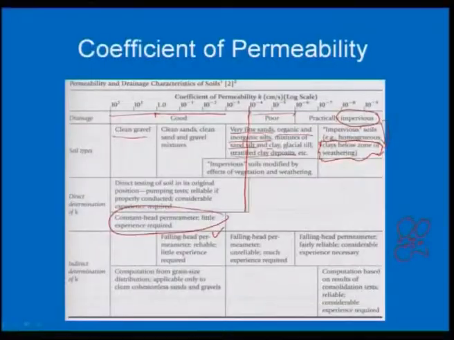These three, particularly very fine sand, organic soil, glacial till and stratified clay deposits, these three soils you can indirectly find K by means of falling head permeameter in the laboratory. Then computation of grain size you also do for fine grain soils, find out the grain size, and indirectly by empirical correlation you can also find it out.